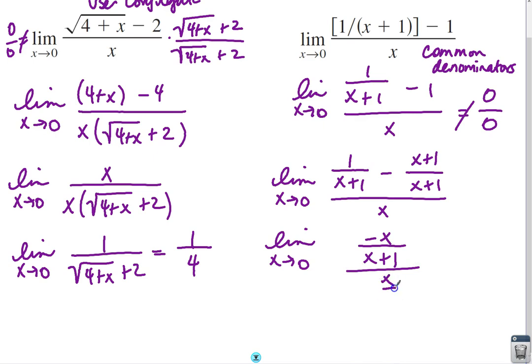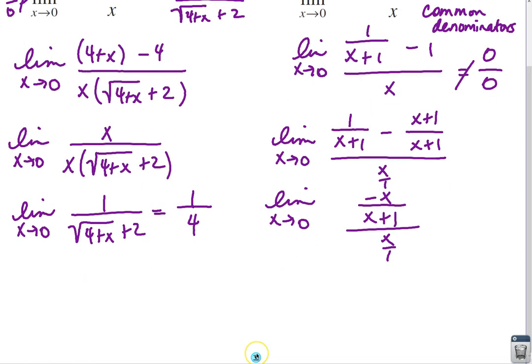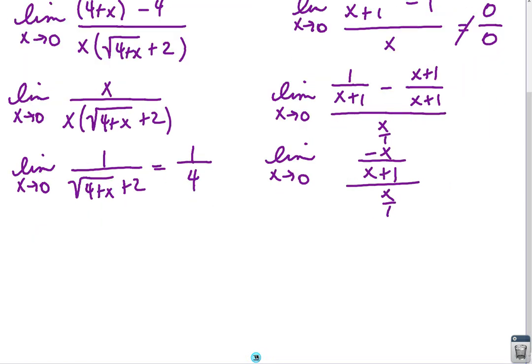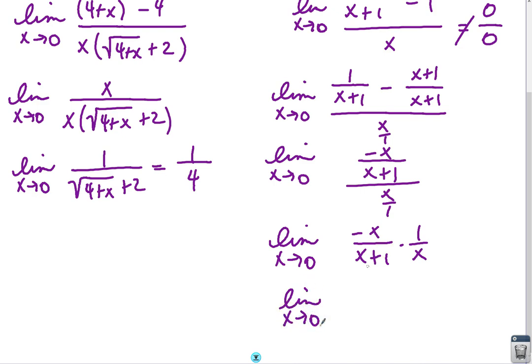And then I'm just going to put that denominator in another fraction, so that we can tell that I have a fraction within a fraction, which when we have fractions within fractions, we flip the bottom and we multiply. So the limit as x approaches 0 of negative x over x plus 1 times 1 over x. The x's will cancel out, so then you're left with negative 1 over x plus 1. Now you can plug in your 0, and you're left with a limit of negative 1.